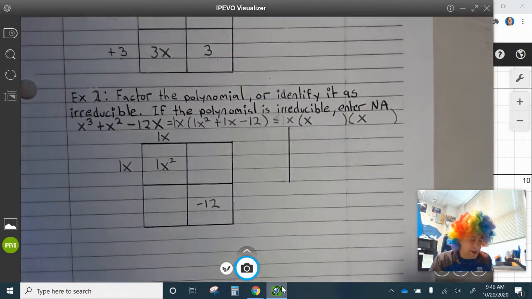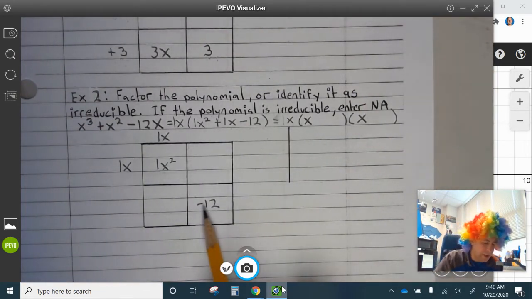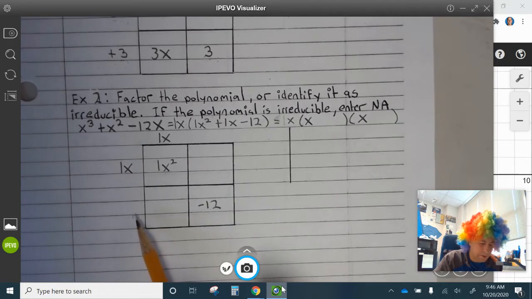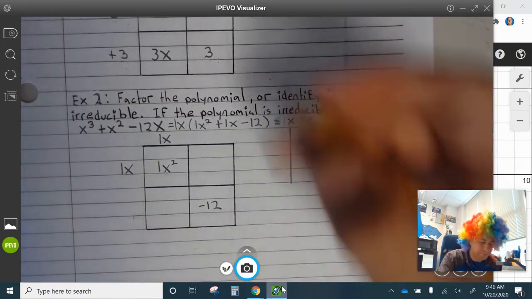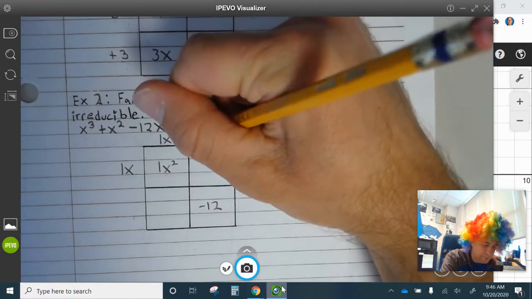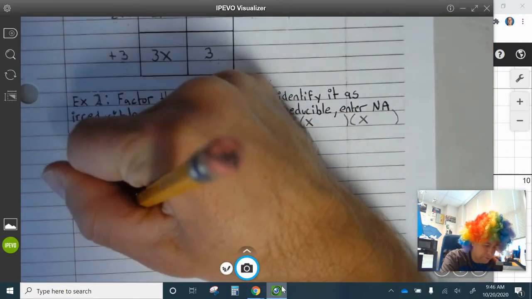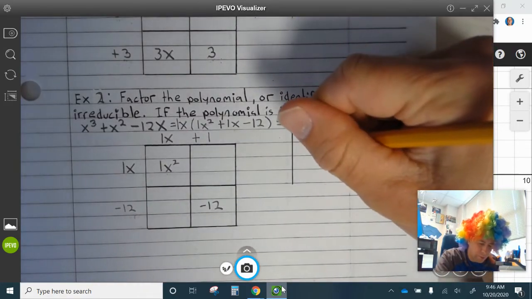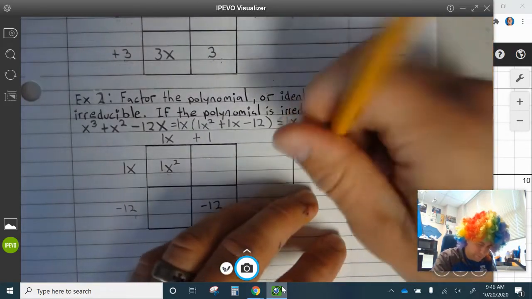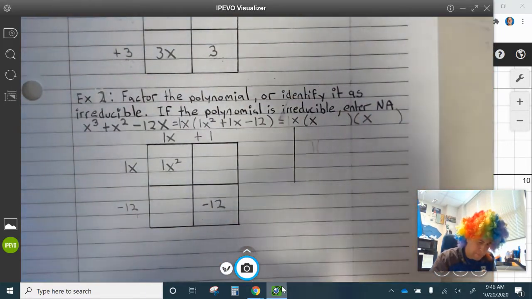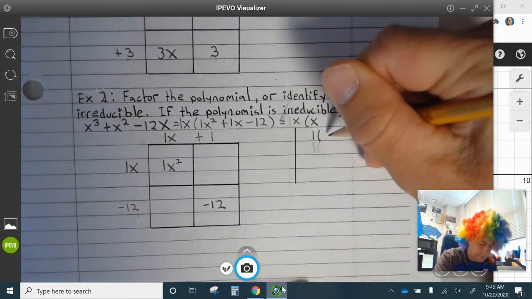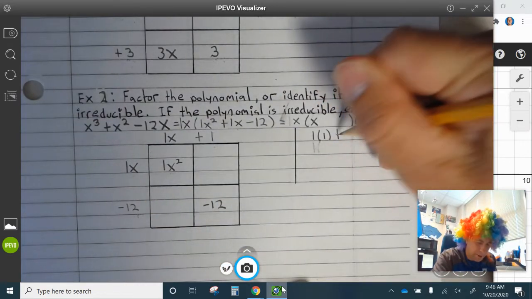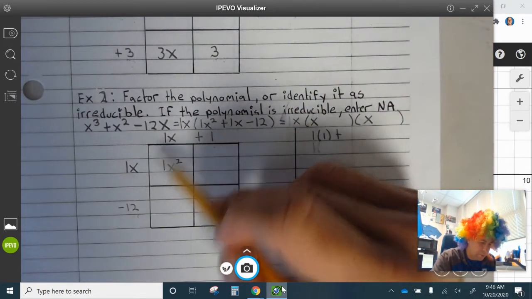Okay. Now we have to think about the combinations that make negative 12. Okay. So let's start with the first combination. We know that plus 1 and minus 12. Okay. So we know that 1 times 1 plus 1 times negative 12.